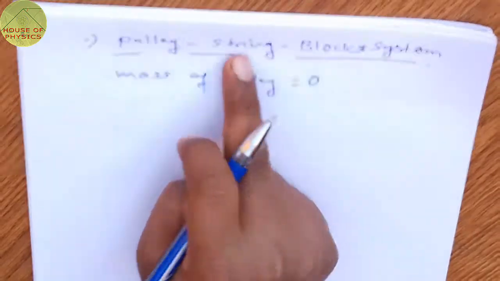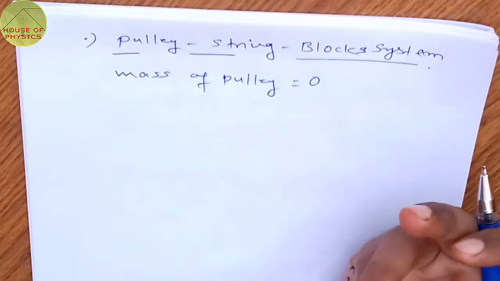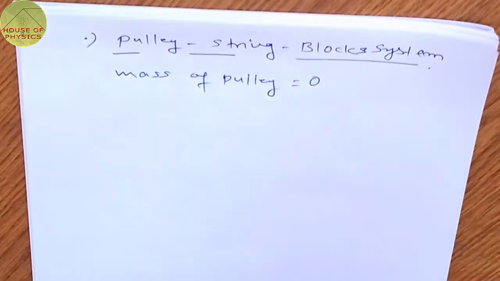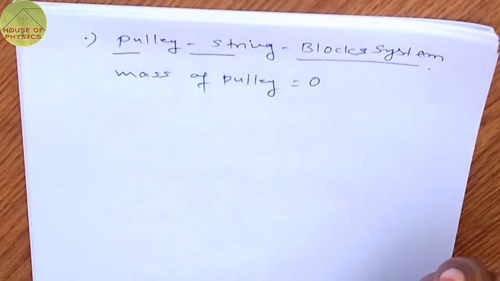But this pre-assumption about the pulley is only valid in laws of motion. If we study rigid dynamics, rigid mechanics, there the mass of the pulley will have some value, and accordingly the process moves on.